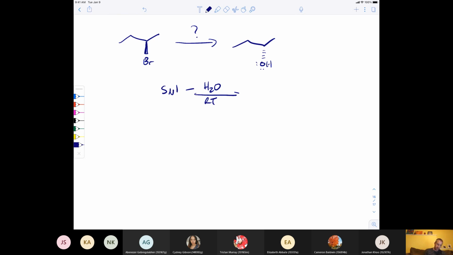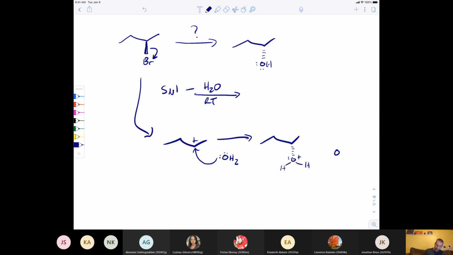What could happen is the molecule would do an SN1, lose bromine, make a secondary carbocation, water then attacks, wrong stereochemistry, like that. And another water molecule comes in to remove the hydrogen, and there you go.